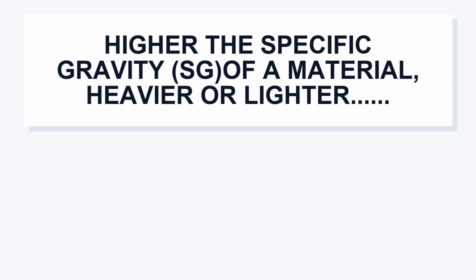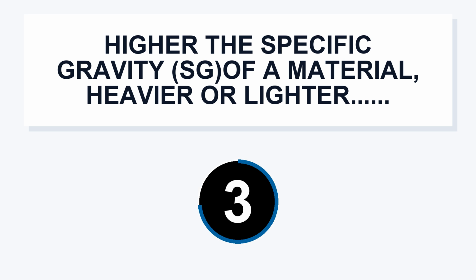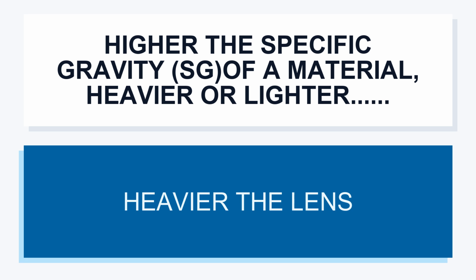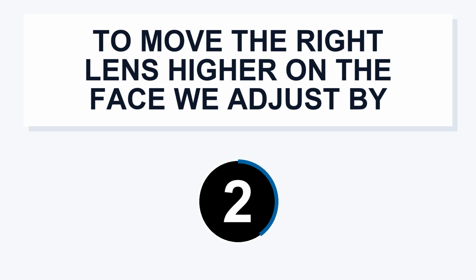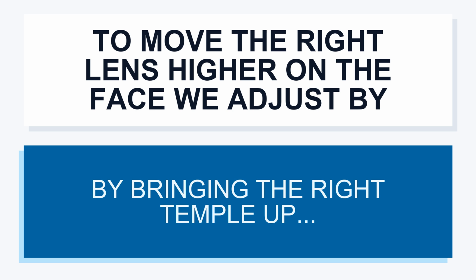The higher the specific gravity, SG, of a material, heavier or lighter? Heavier the lens. To move the right lens higher on the face, we adjust by bringing the right temple up.